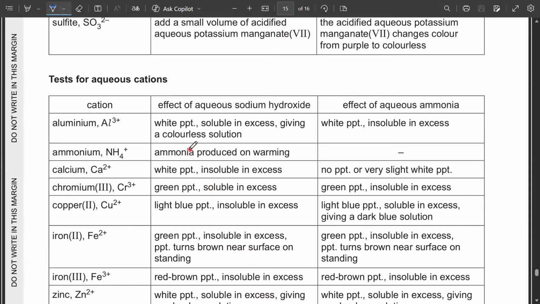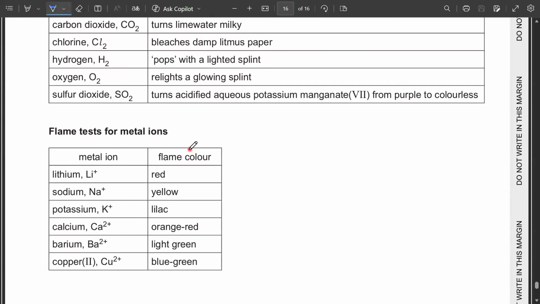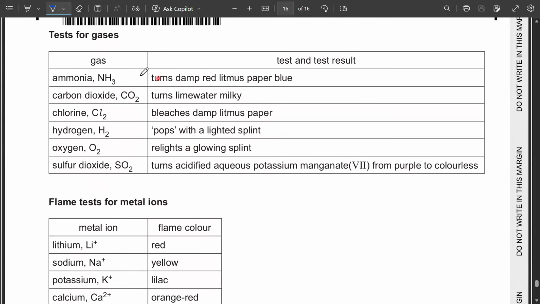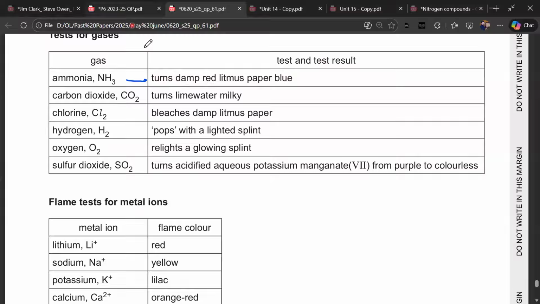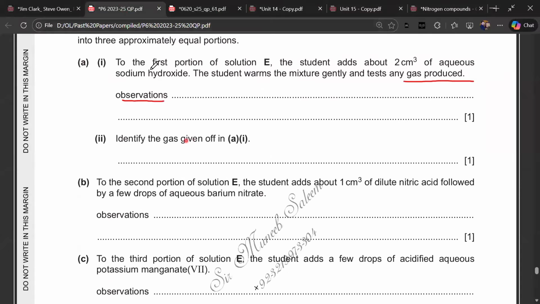It turns damp red litmus paper blue. This is the observation of that gas. You do not say ammonia in the answer; you say the observation of that gas, because you are performing these tests to identify the gas. So you will write: turns red litmus paper blue.